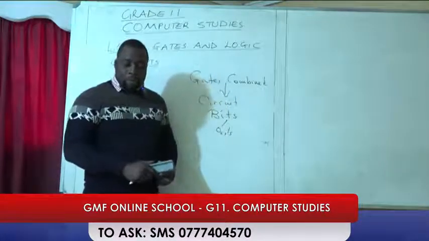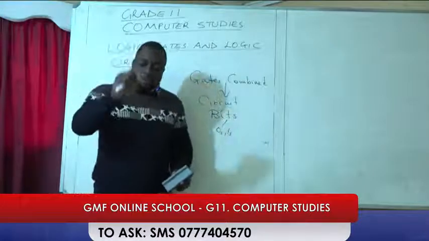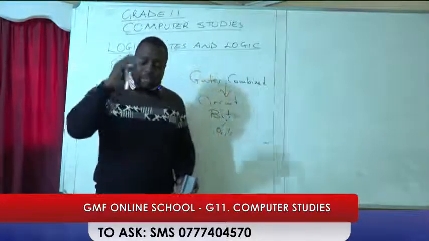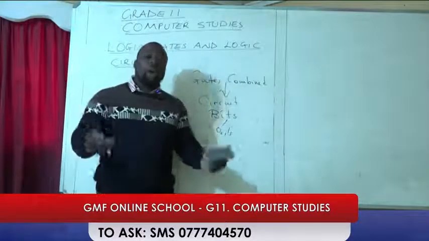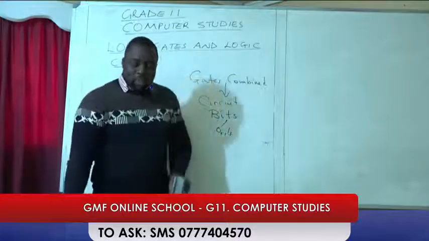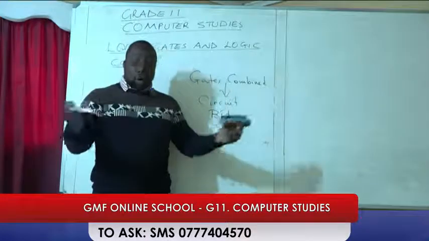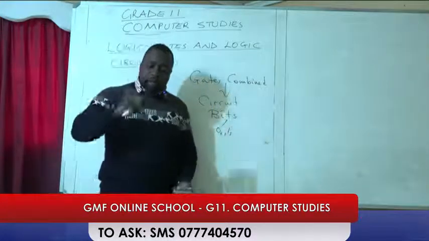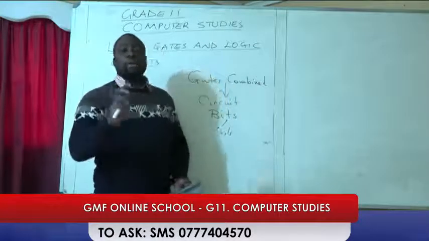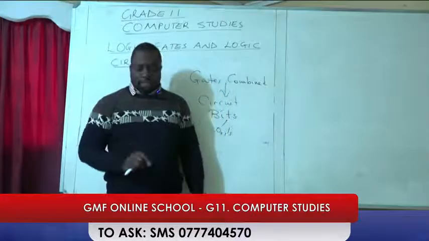Are we together? So binary information is represented in digital computers by physical quantities called signals. Electric signals such as volts exist throughout the computer in one of two recognizable states.